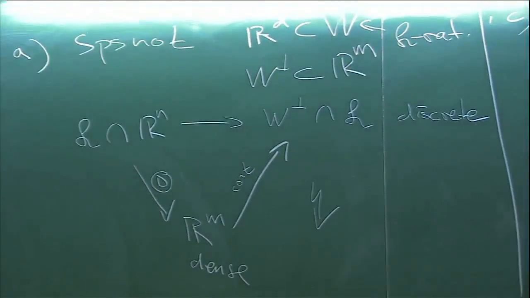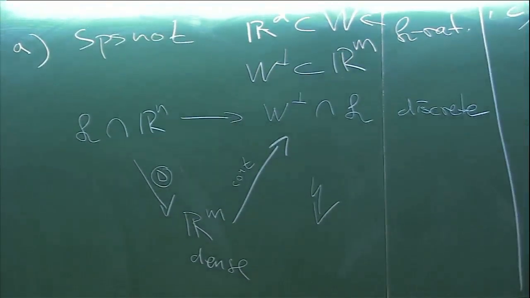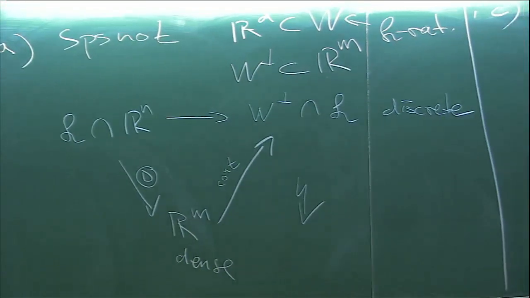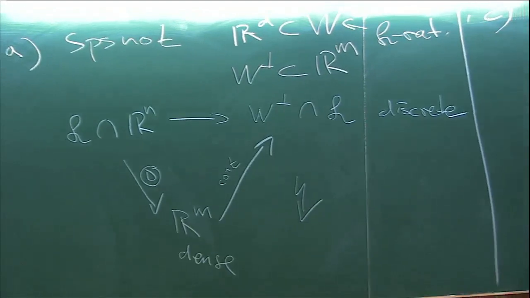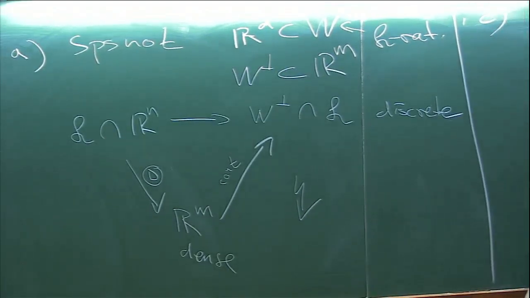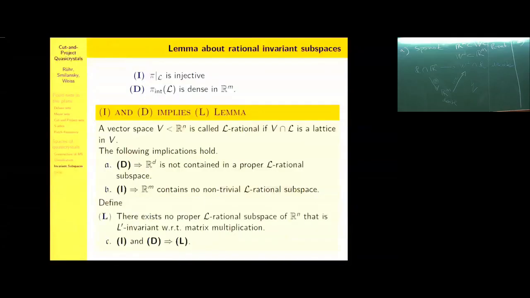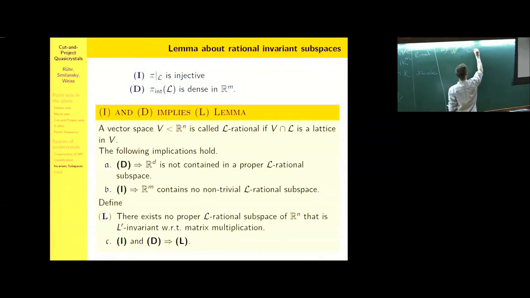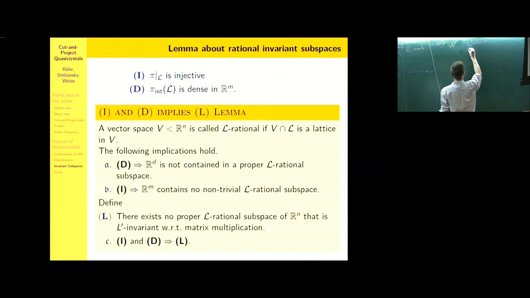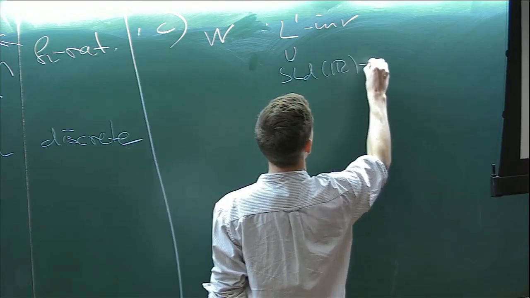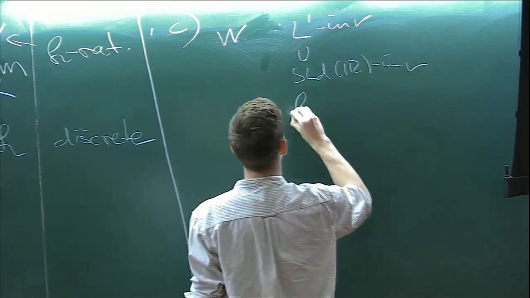So we want to show that now there cannot be those rational subspaces associated to internal and physical space. So again, suppose we have some W which is L invariant. Hence, it's also SLD invariant, and it's L rational.